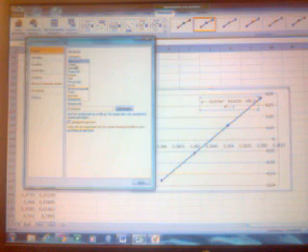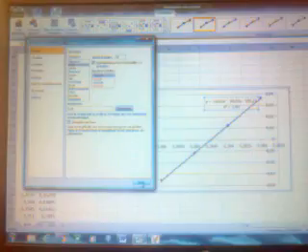Adding a trend line, second order polynomial, put the equation and the r squared in it, and I want to see the number in 20 digits. Of course you can do it as much as you like, but I prefer 20 digits, and there it is.